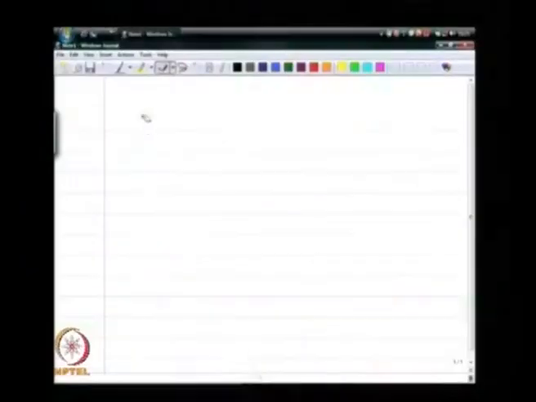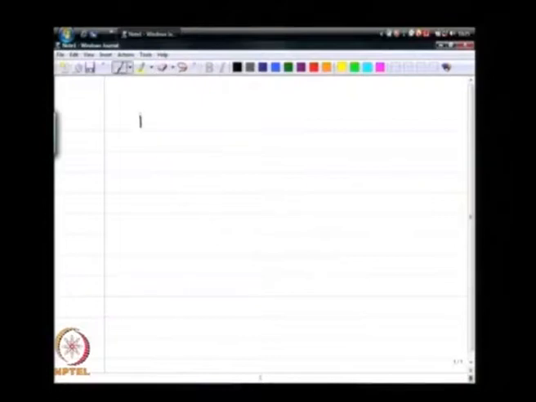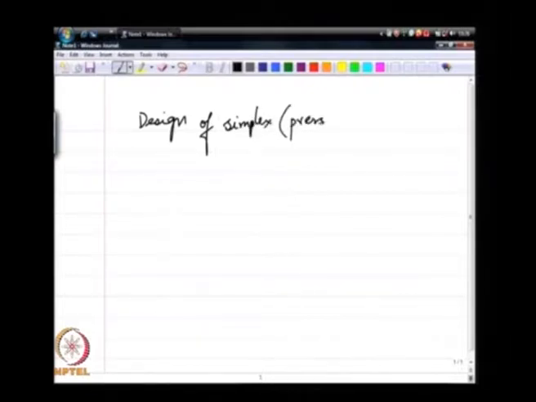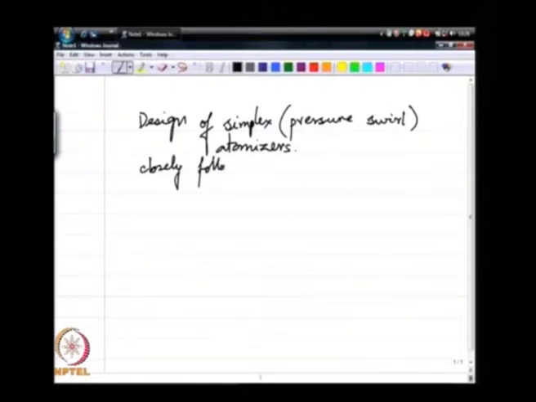Okay. So, we will start our discussion of design of simplex atomizers. This is going to closely follow a paper by Chu et al.